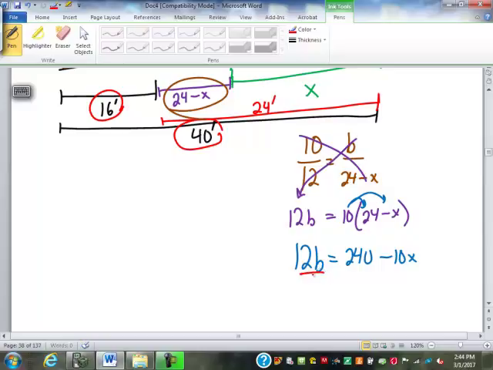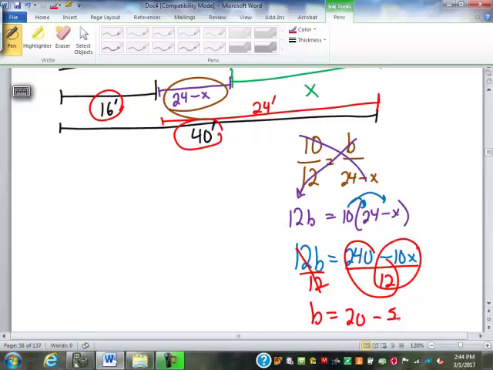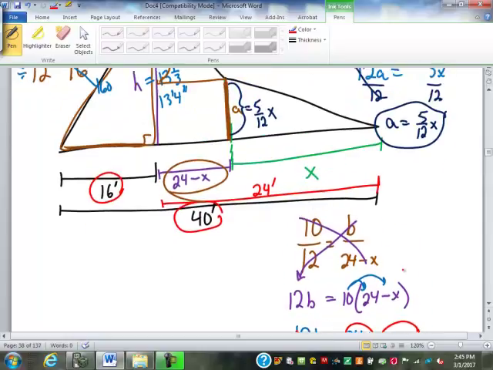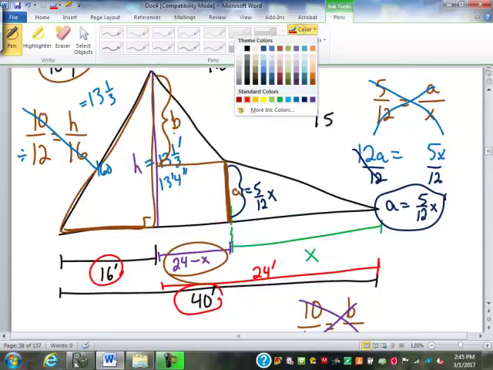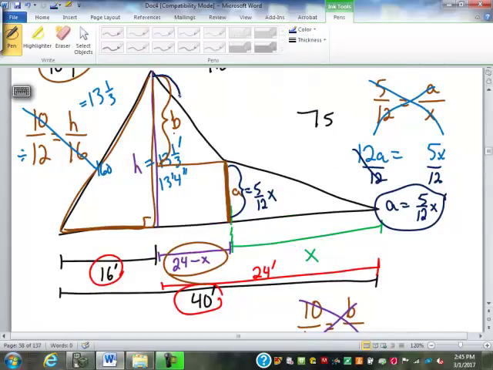Now I'm going to divide by 12. When I divide, I have to divide every piece by 12. So B equals 240 divided by 12 is 20. Negative 10x divided by 12 is negative 10 over 12, or negative 5/6 x. So what I've done there is found this piece here to be 20 minus 5/6 x.